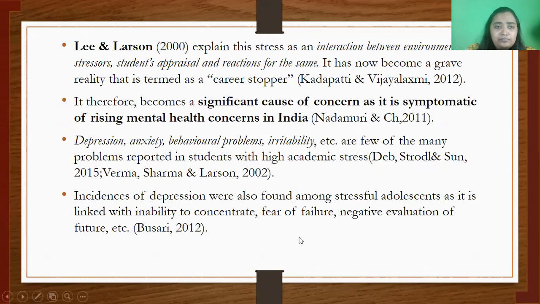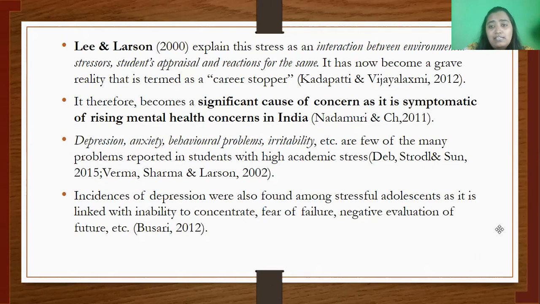So these two people, Lee and Larson, they conducted this particular study to understand stress, and to explain what actually is happening with stress. And they came to know that there is an interaction between the environmental stresses and the students' appraisal, that is their expectation, or what they are expected to do, and the reactions for the same, how they are reacting.